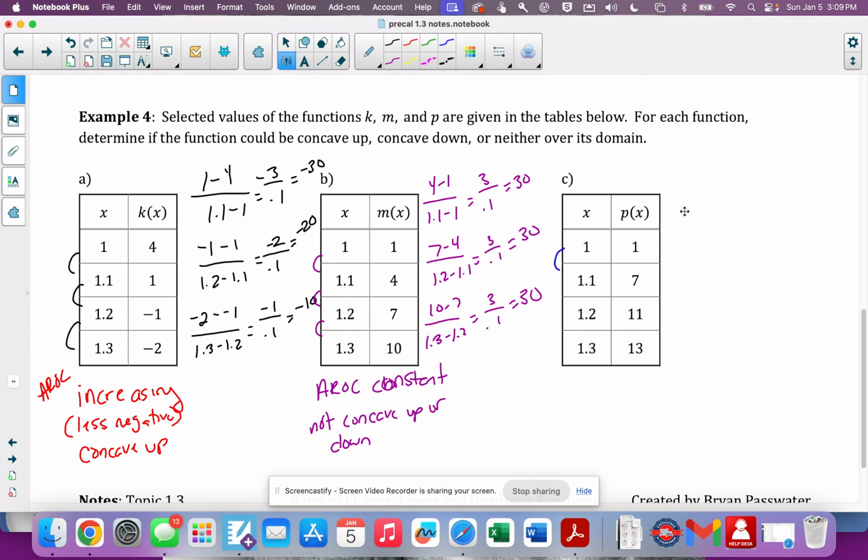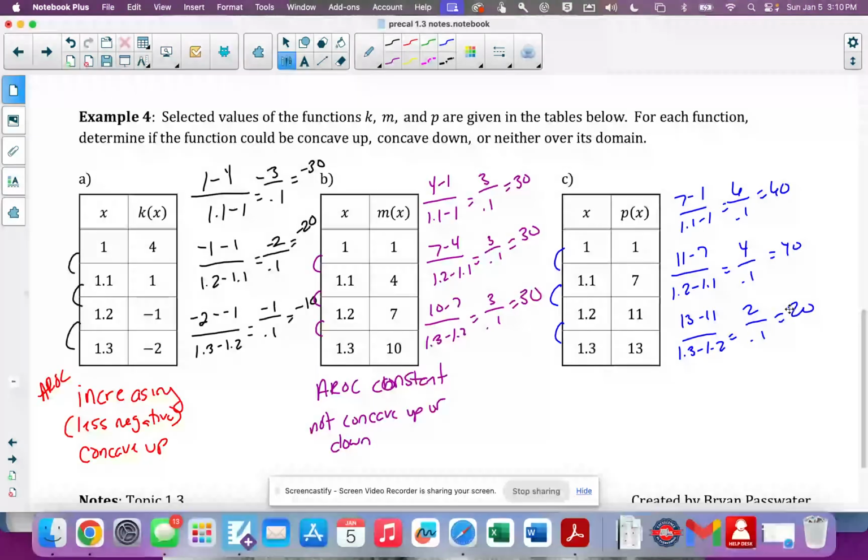Okay, first 2 points. 7 minus 1 over 1.1 minus 1 is 6 over 0.1. That's 60. 11 minus 7 over 1.2 minus 1.1 is 4 over 0.1. That's 40. Last one, 13 minus 11 over 1.3 minus 1.2 is 2 over 0.1. That's 20.